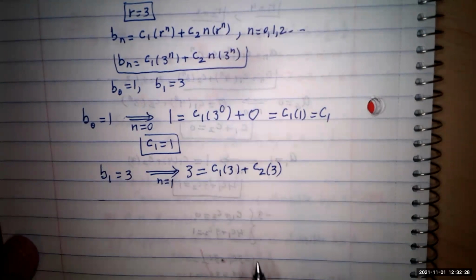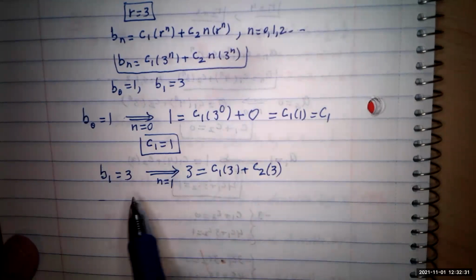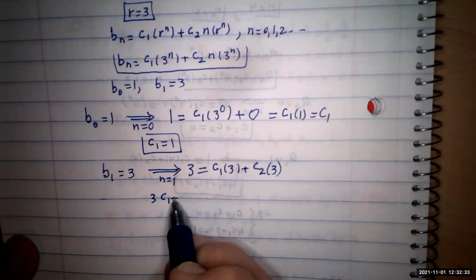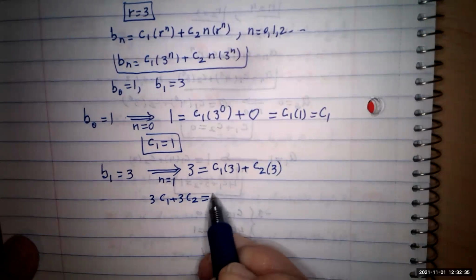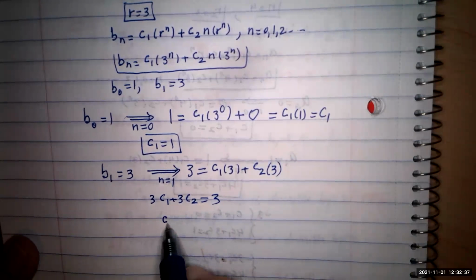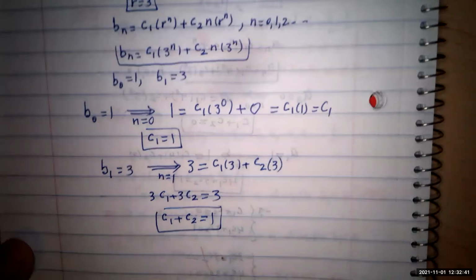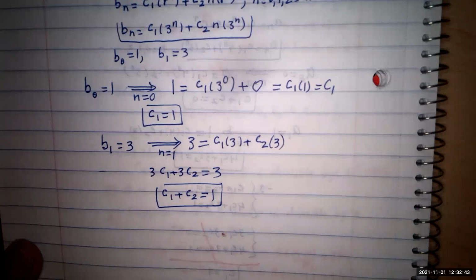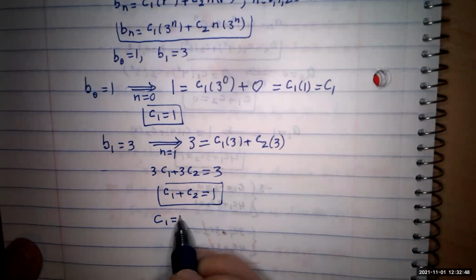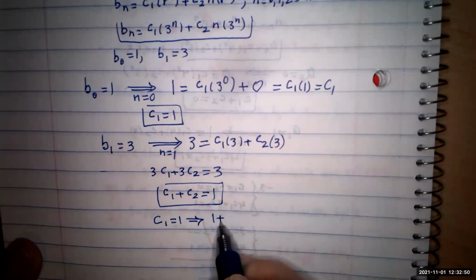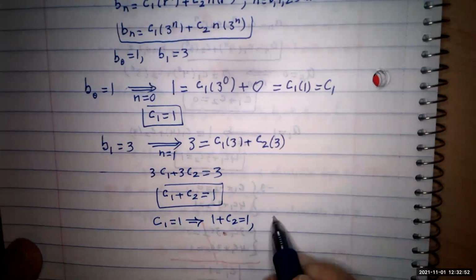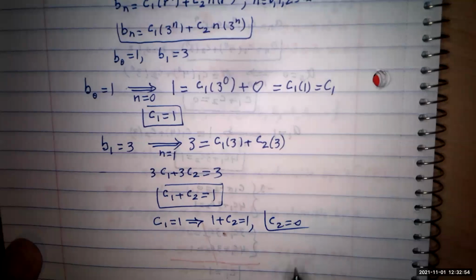We got the 3 all over the place. So what we have is 3C1 plus 3C2 equal to 3. You can simplify by 3. But you already got C1, so you substitute. So 1 plus C2 equal to 1. So C2 would be 0 in this case.